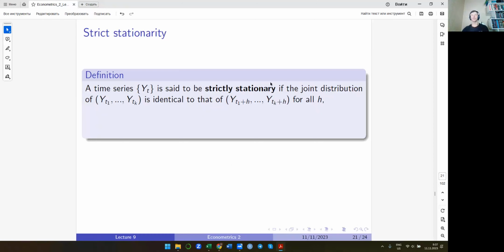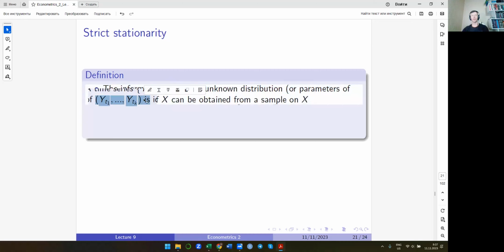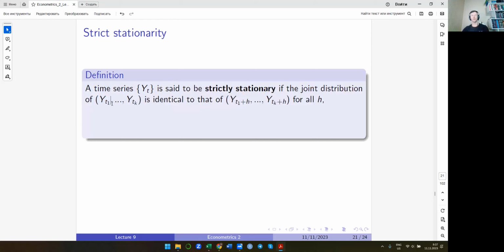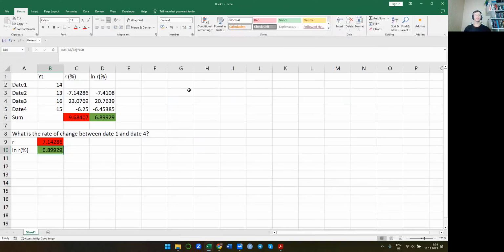Strict stationarity holds if the joint distribution of the variable y between periods t1 to tk is identical to the distribution of the values shifted by h. Look what happens. Let me show you. For example, we see some observations 1, 2, 3, 4, 5, 6, 7, 8, 9, 10.